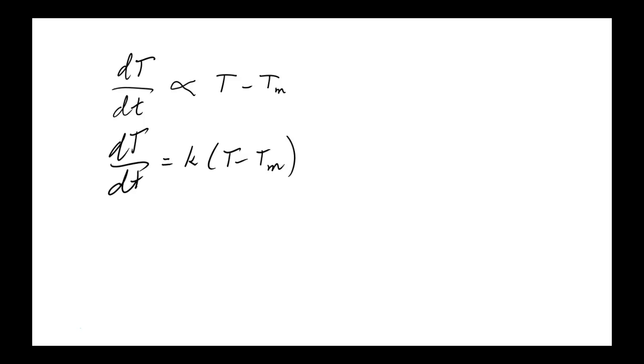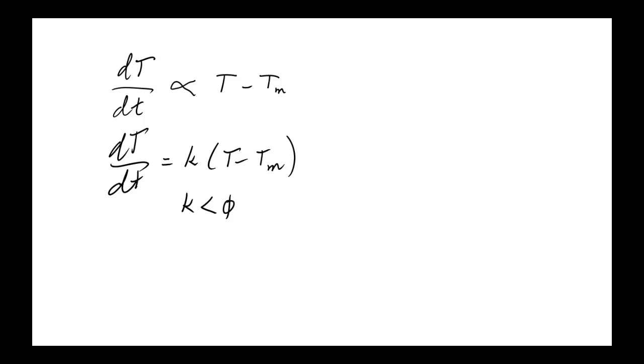Okay? And again, like I was just saying, this K is typically going to be a negative number. Because if you started off with a hot temperature here, a cool temperature here, this dT/dt has to be negative because the temperature is falling.